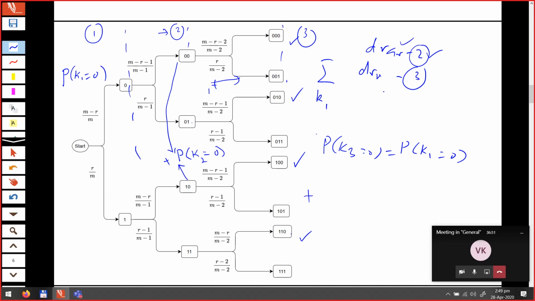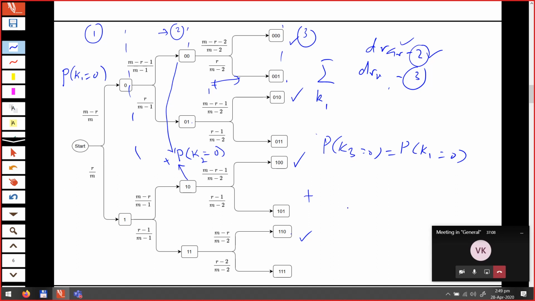any event of draw 3, if you condition any event of draw 3 on any event of draw 2, that conditioning will be the same as if you condition that type of event on draw 2 on that type of event of draw 1.